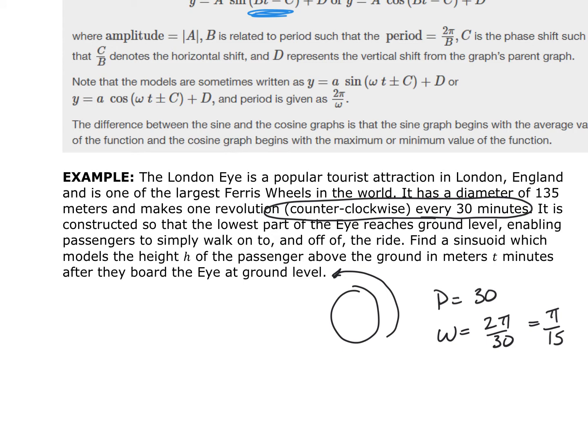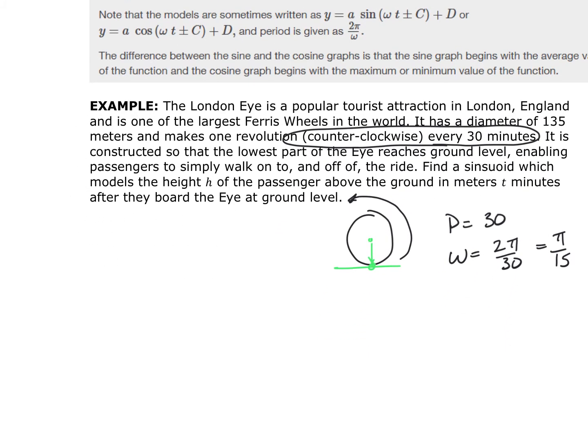It is constructed so the lowest part of the eye reaches the ground. So that tells me right here I'm at ground level. Unlike my previous example, where I must have gotten on the Ferris wheel at a platform, if I were to draw this graph, I'd be starting right here.